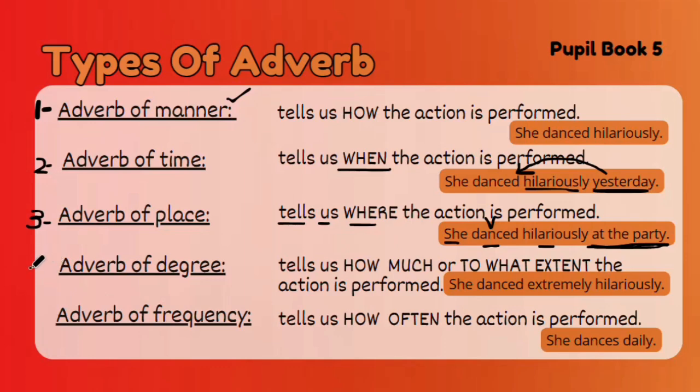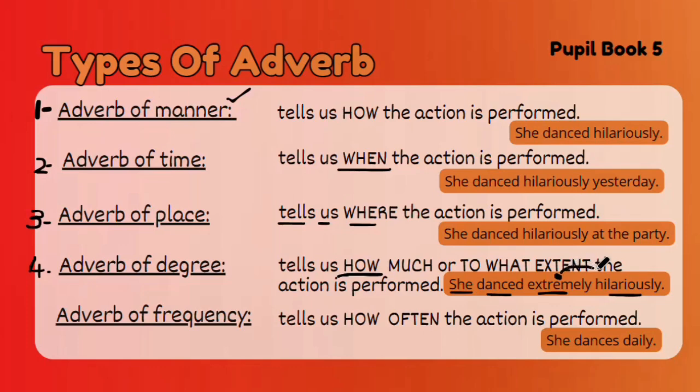Number 4, we have adverb of degree. Adverb of degree tells us how much or to what extent the action is performed. For example, she danced extremely hilariously. Now, this word extremely is telling us how hilarious her performance was. As I just told you, adverbs can describe other adverbs.